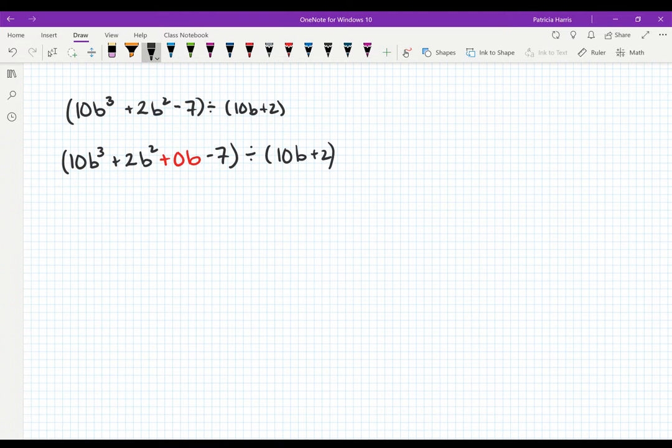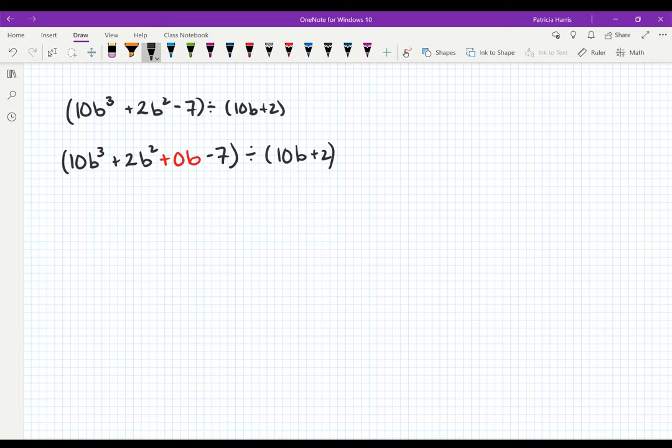Because think about it, when you write a number, even if you write the number 102, you have 1 in the hundreds place, 0 in the tens place, and 2 in the ones place. So that 0 in the tens place is just a placeholder. That's telling you there's nothing in the tens place. So I need to tell you that there is nothing in the linear place, or you're going to get yourself kind of messed up.